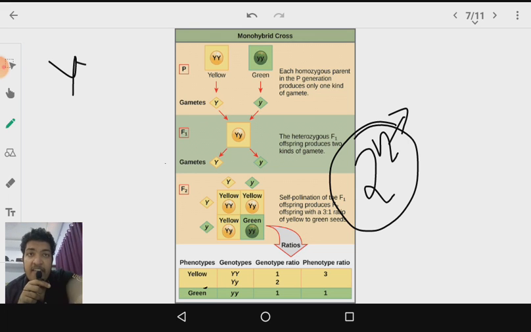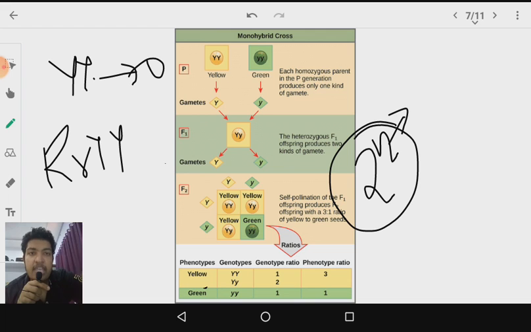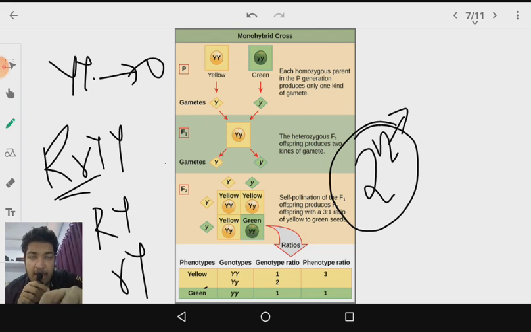If it is capital Y, capital Y, both are homozygous, so the number of heterozygotes is 0. So we get only one type of gamete because 2 raised to 0 is 1. Whereas if I talk about capital R, small r, capital Y, capital Y, here we can see one heterozygote. So n is equal to 1, so it will produce two types of gametes. Now what are the two types of gamete? Capital R with capital Y and another is small r with capital Y.